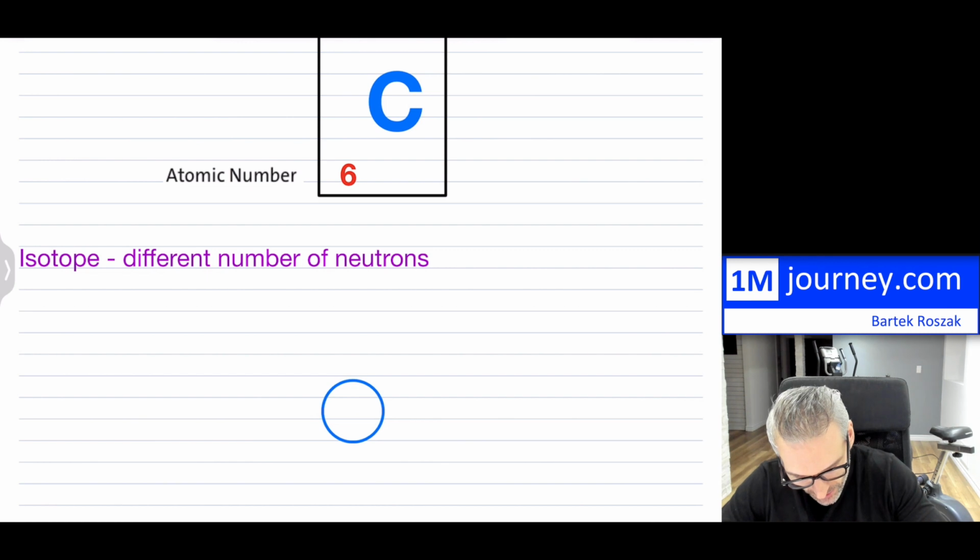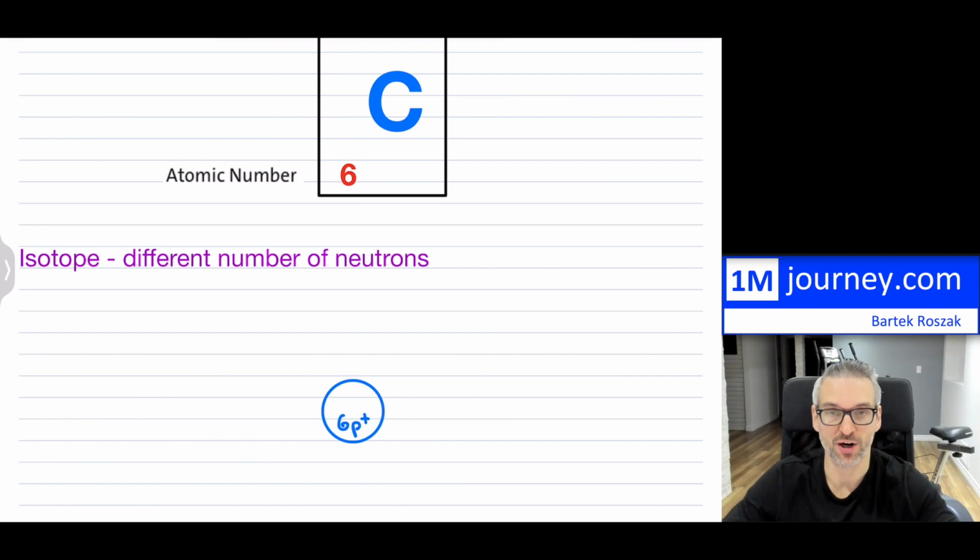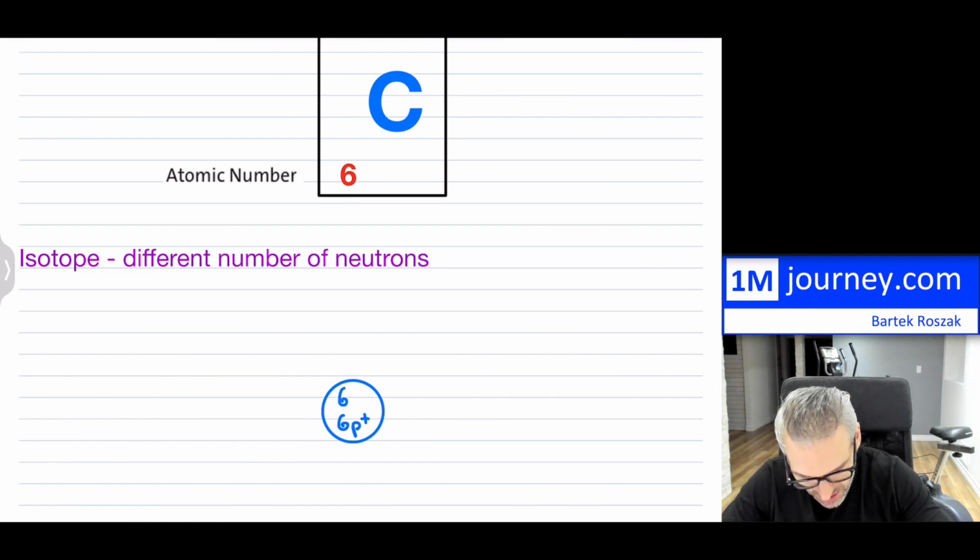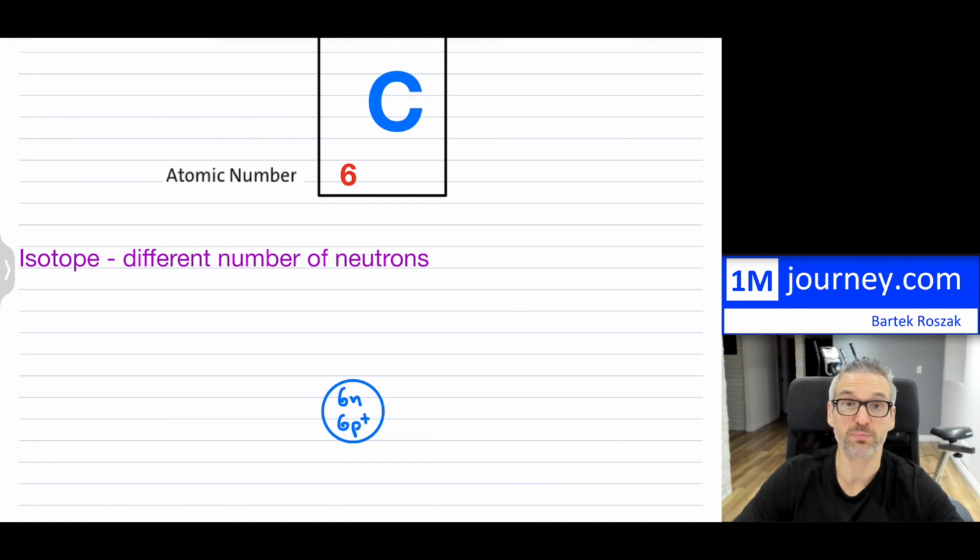Within here, you might have 6 protons, I'll put a little plus because it's positively charged, and it might have 6 neutrons. Neutrons don't really have a charge, so I'm not going to put anything in there, they're neutral. And that would be in the center.